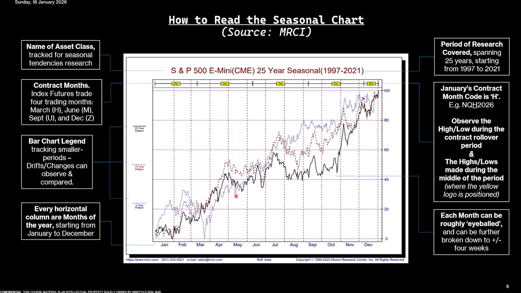We saw a bullish price delivery instead. But historically speaking, if we were to look at the seasonal tendencies between May to July, price for U.S. indices, the S&P ES, tends to consolidate during those months.